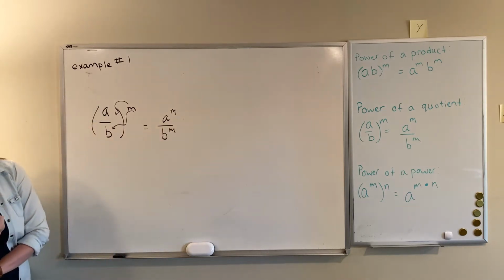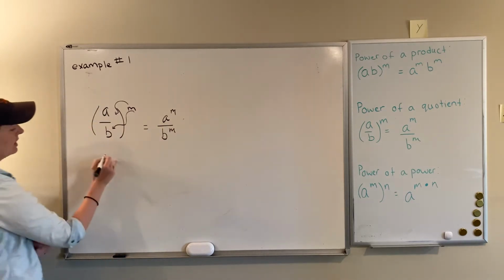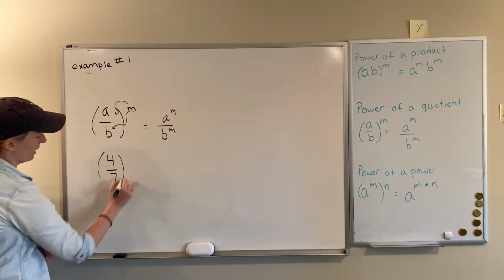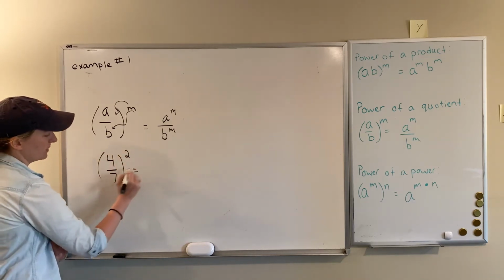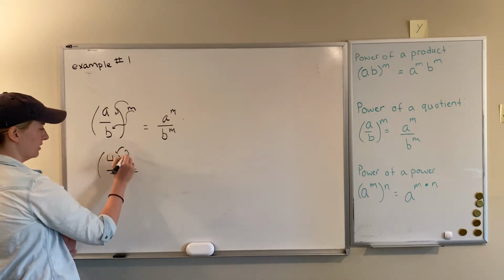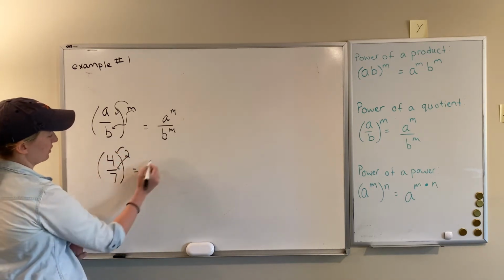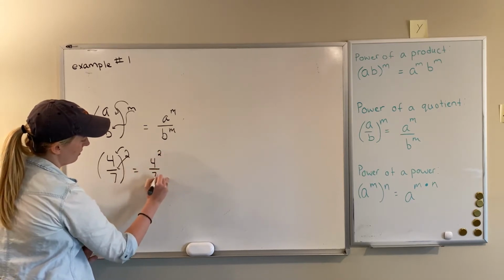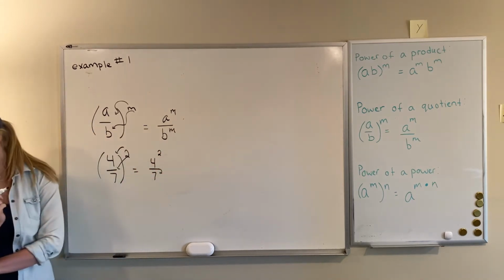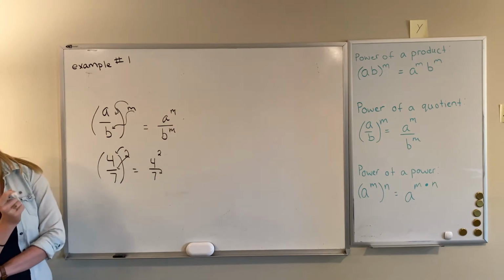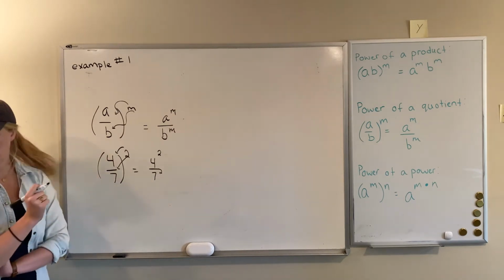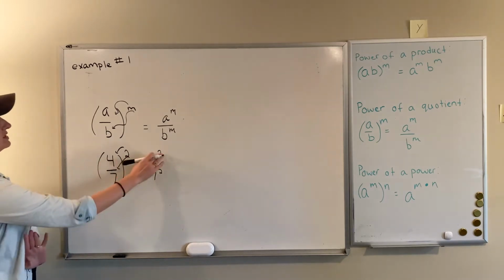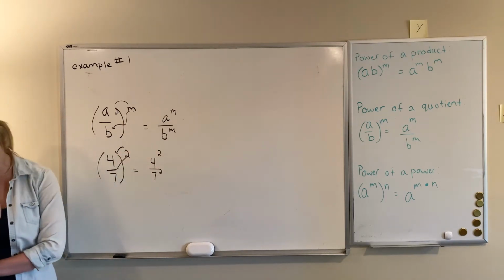And then the number example is 4 over 7 squared, which just means distribute 2 to everything on the inside of your parentheses. So you're going to have 4 squared over 7 squared. Your book actually uses 5 instead of 2. Just replace 2 with 5 and you have the same thing.